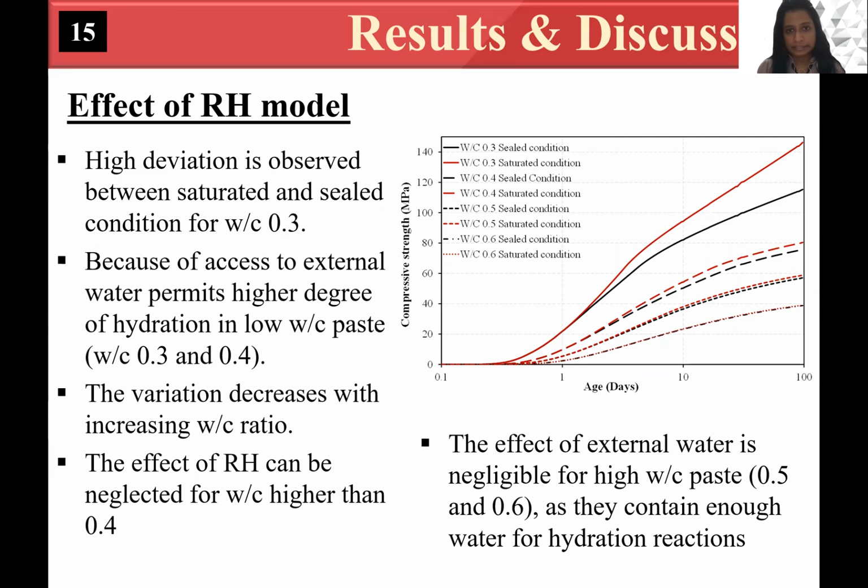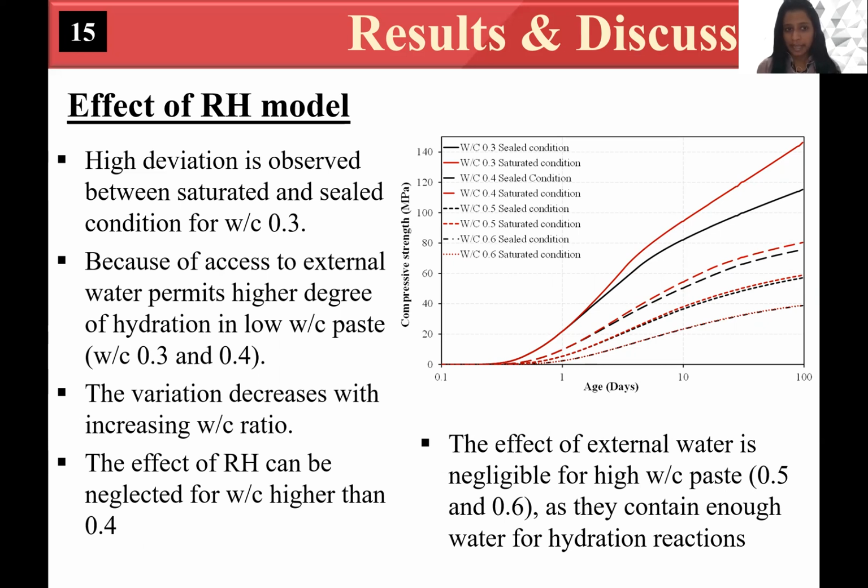And next, this slide details the effect of the proposed RH model on the compressive strength. So this figure shows the variation of compressive strength under two different conditions, that is sealed condition and saturated condition. As you can see, a high deviation is observed between the saturated and sealed condition for water cement ratio 0.3.